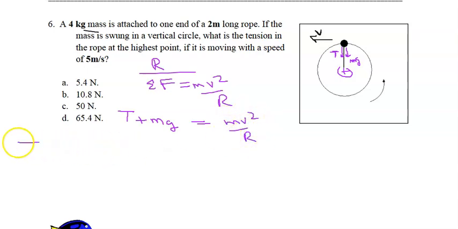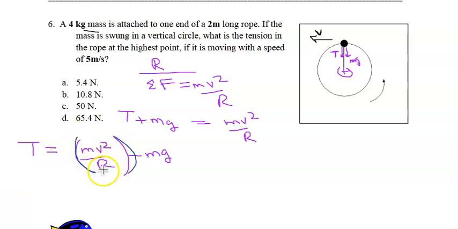So the tension in the rope, which is what we care about, is equal to mv squared over r minus the weight. All right, and again, I want you to get more and more comfortable using just variables because it's a great skill. It helps you see what things mean, right? If you have numbers in here, you can't see anymore, like, oh, tension has one job, to turn me, mv squared over r.